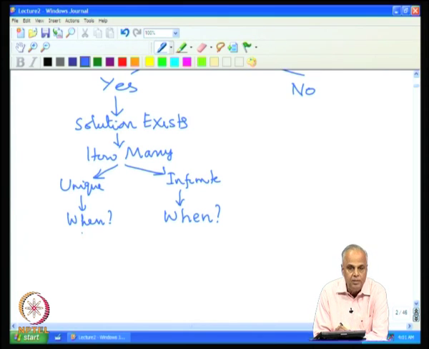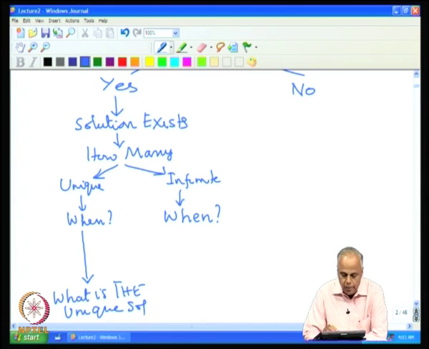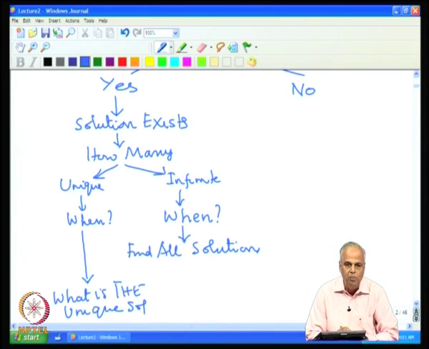And when we have the answer to this question, we naturally ask, what is the unique solution? When we are encountering a situation where we have an infinite number of solutions, we would like to know all solutions. We must find all solutions. Now, however, there is a problem of plenty.